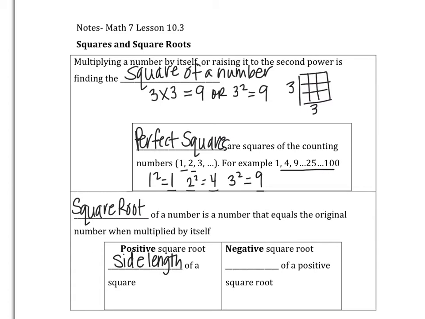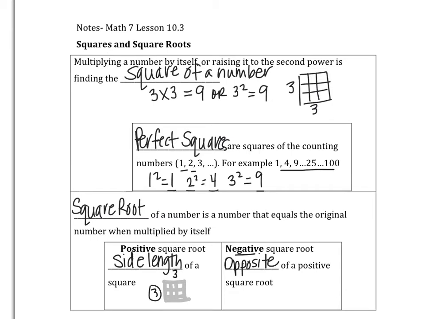Again, if we were to draw it out, and we had a shape that looked like this, with 3 and 3, then the square root is just one of its sides. A negative square root is the opposite of a positive square root.